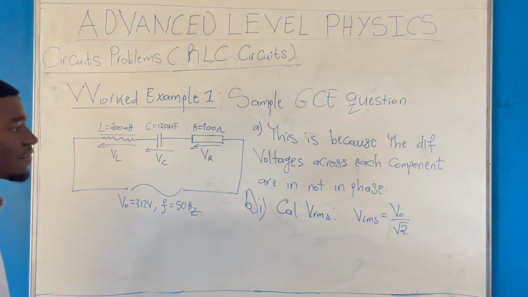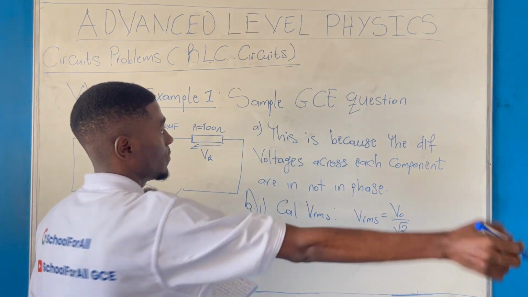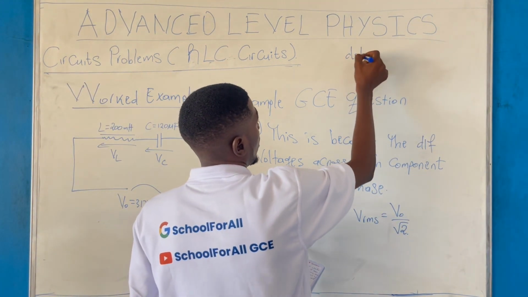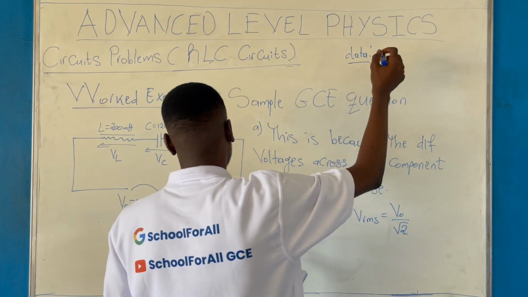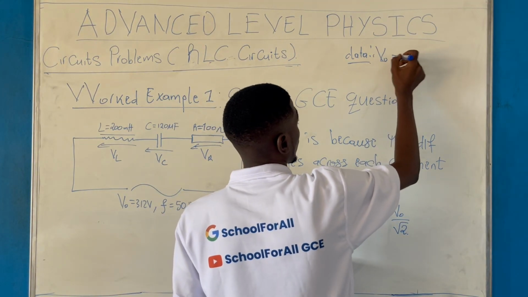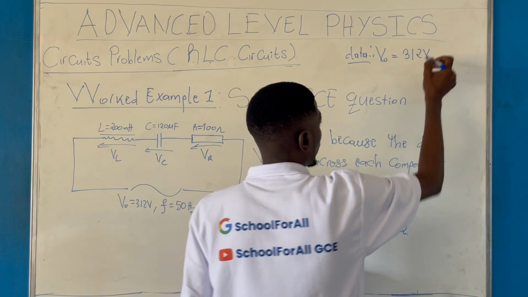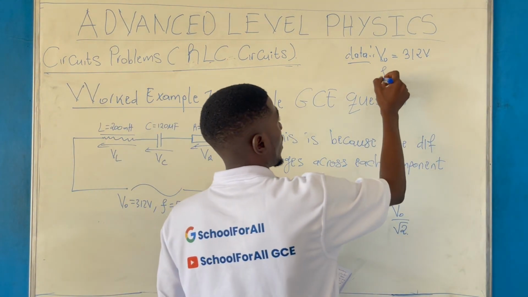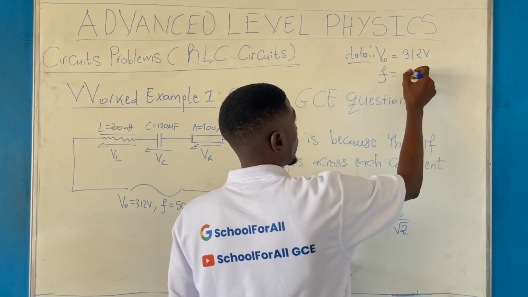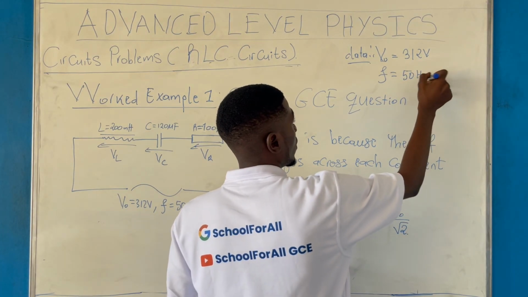Now, do we have the peak value V0? Let us see from the data. Yes, let us put the data here. We have V0 equals 312 volts, and the frequency f equals 50 Hz.